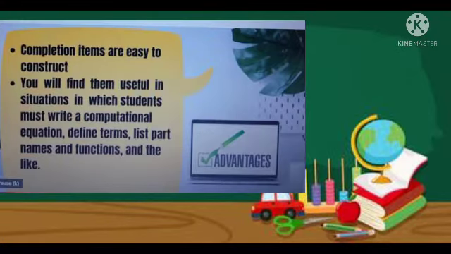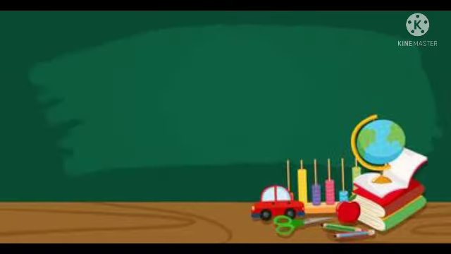Completion items are easy to construct. You will find them useful in situations in which students must write a computational equation, define terms, list part names and functions, and the like.